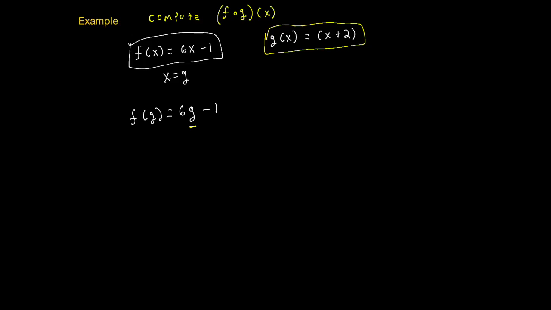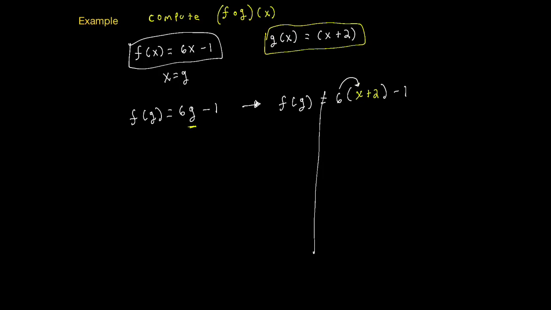So we can rewrite this as f of g equals 6 times x plus 2, minus 1. And now we have to evaluate the right hand side. We can do that by distributing that 6.